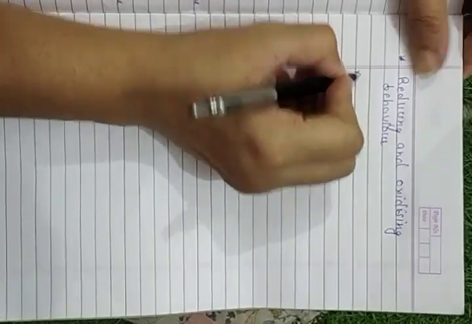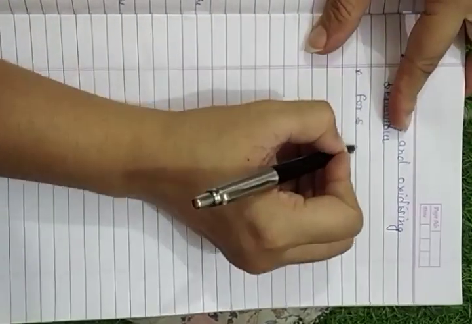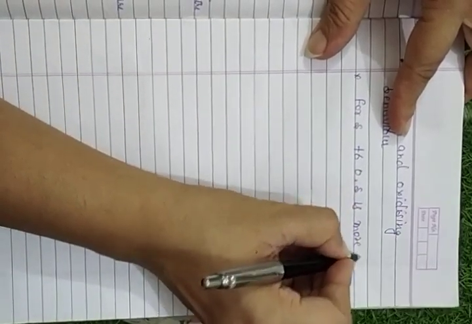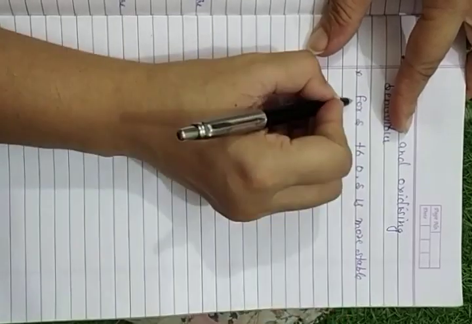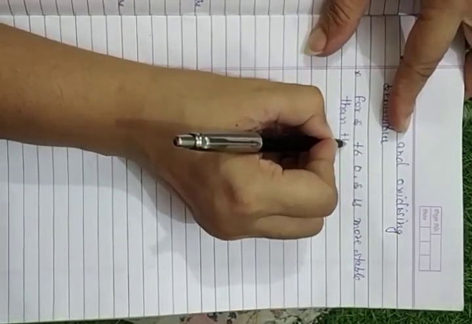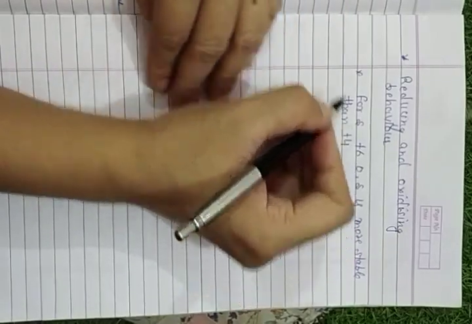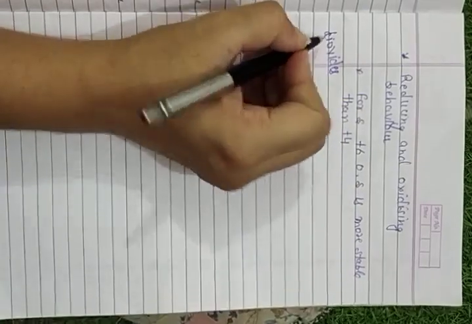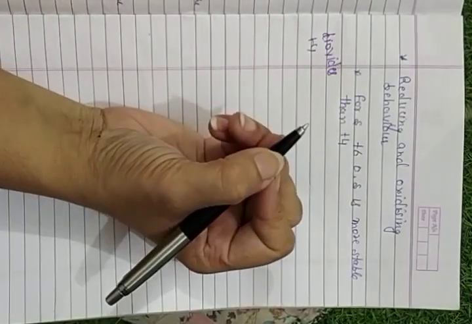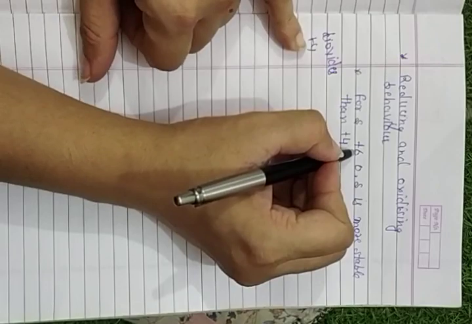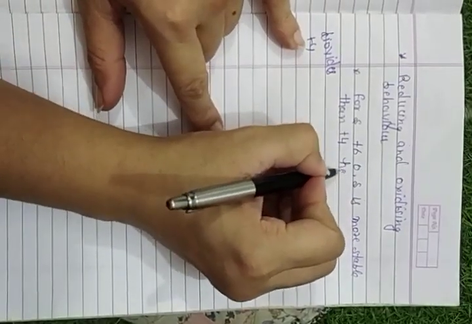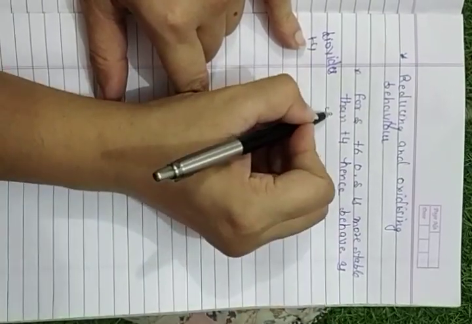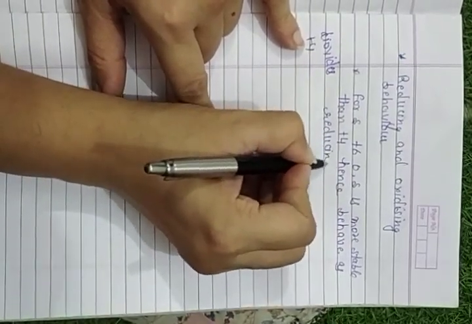For sulfur, the +6 oxidation state is more stable than +4, and in these dioxides, these elements have the +4 oxidation state. It means sulfur can increase its oxidation state up to +6, hence it behaves as a reducing agent.